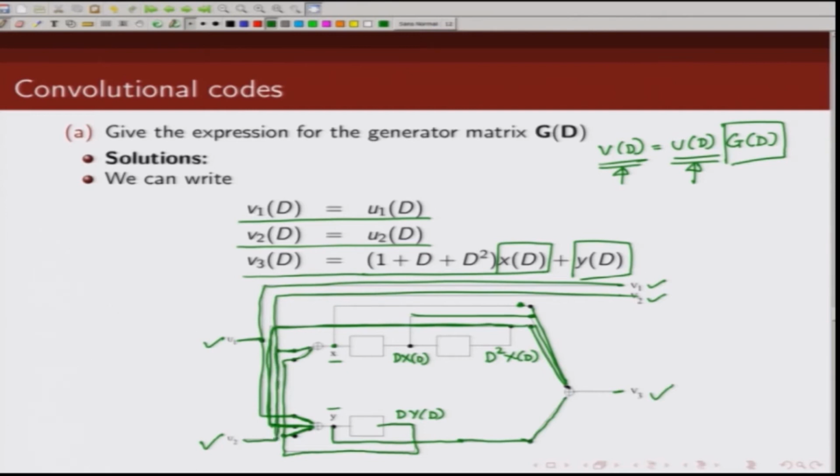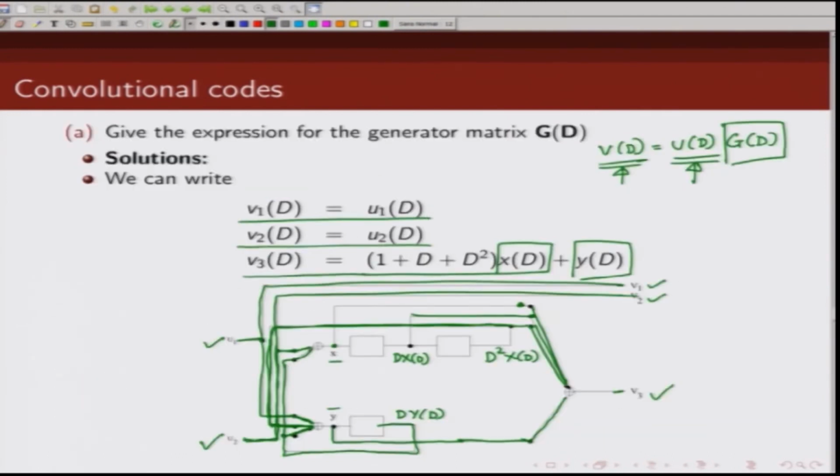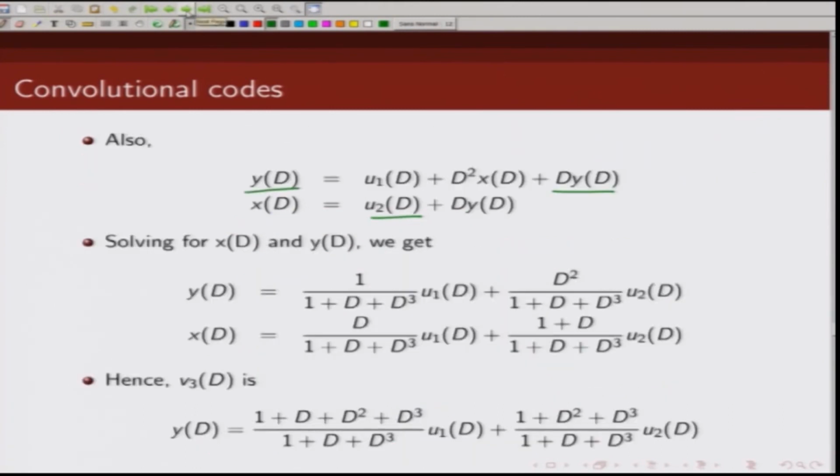which is u of d. So, this is u of d, and the second term is this term, which is d times y of d, this one. Okay. So, now we have got equations of y of d and x of d in terms of u1d and u2d.